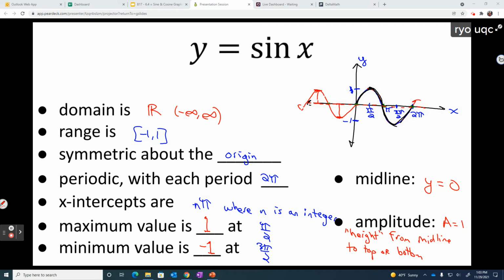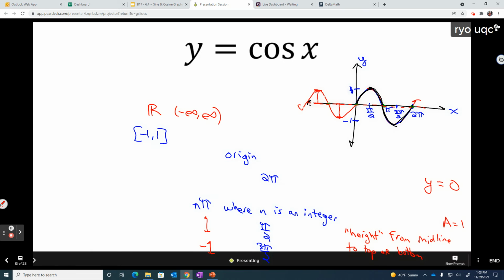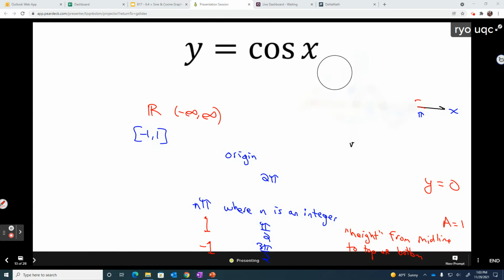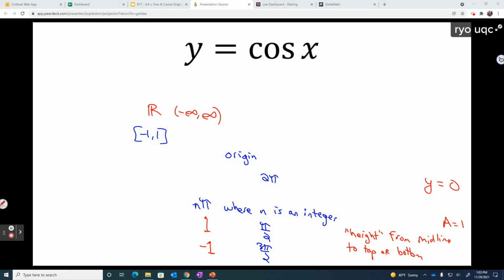All right, so let's do the same thing with cosine. Let's go ahead and graph cosine. It's almost identical, just shifted over. It has what's called a phase shift. And instead of starting at 0, it's going to start at the top. It goes down, then it goes up, it goes down. So it's like that.